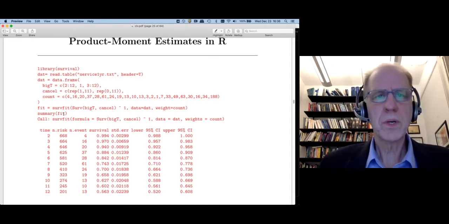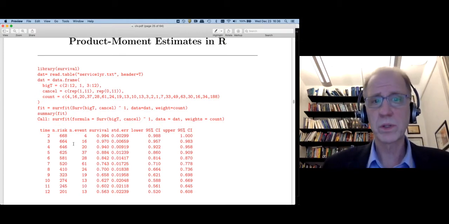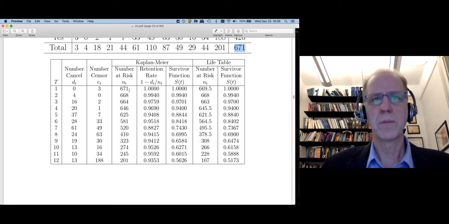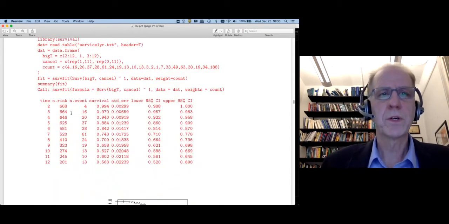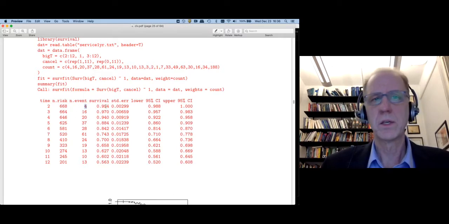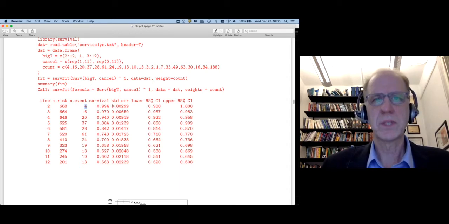If you do a summary on this fitted object, what you end up with looks a lot like the table that we worked through together a couple slides ago. So we had the number at risk, we had the retention rates in the survivor function. The summary function gives us the number at risk, the number of events. So think of this as the number of flips, the number of heads. Here's your survival function. And it actually computes a standard error for us with a confidence interval.